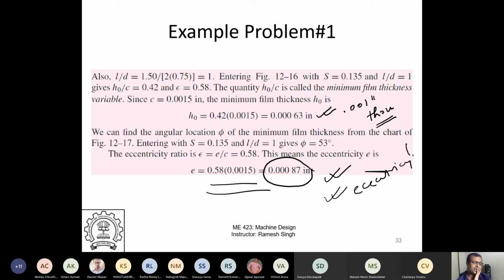If eccentricity is not there, there will be no pressure buildup. Note that this is essential, because fluid has to flow in a converging gap. Otherwise, this pressure buildup will not be there. So this eccentricity is required.